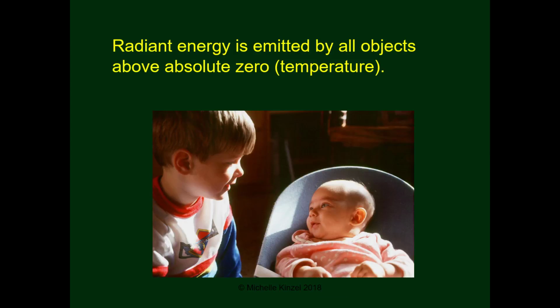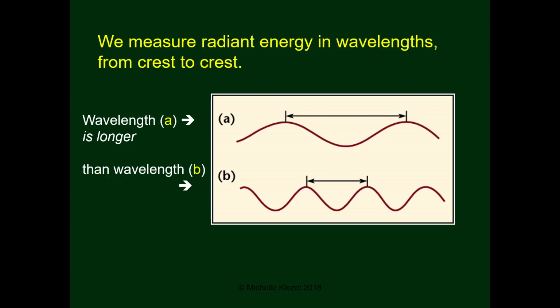Radiant energy is emitted by all objects that are above absolute zero in temperature. So human beings have temperature, but all objects on Earth actually have a radiant energy. We measure radiant energy in wavelengths from crest to crest, and you can see two examples here.